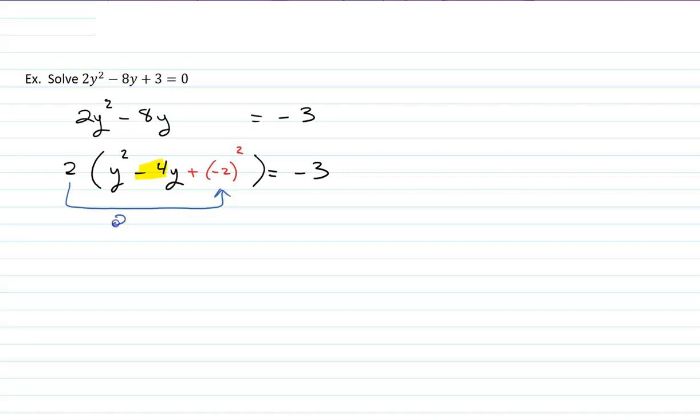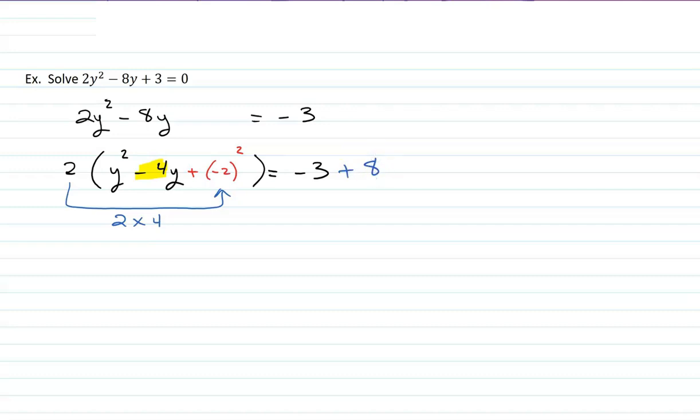So it's actually 2 times 4 that we are adding to the left hand side of this equation. Whatever we add to one side of the equation, we must add the same to the other side. That's how the balancing works. We have to make sure that the equation is balanced. So here it is, plus 8 to both sides.